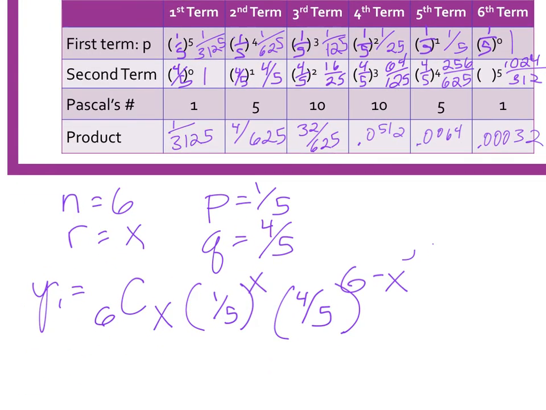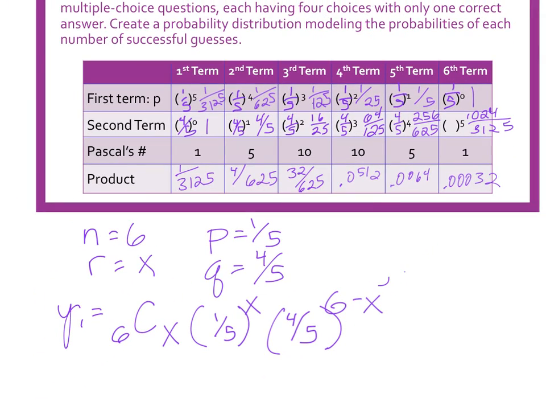Okay, so this is a probability distribution. It has the highest value at 1, which was 0.4096, so it's only almost a 50% chance.